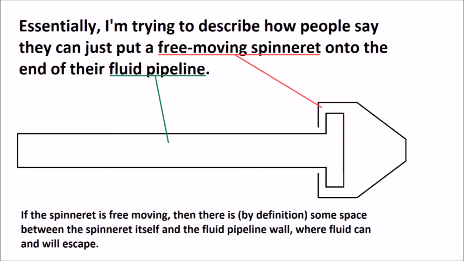Thus, with the high pressure, the fluid may begin to shoot out of the area where the spinneret itself is connected. As such, the moving part or parts of such an apparatus should be contained within the fluid pipeline itself, and if that's not possible, then an effective seal must be created and maintained at all times so that the fluid will only be shot out of the proper ejection ports.